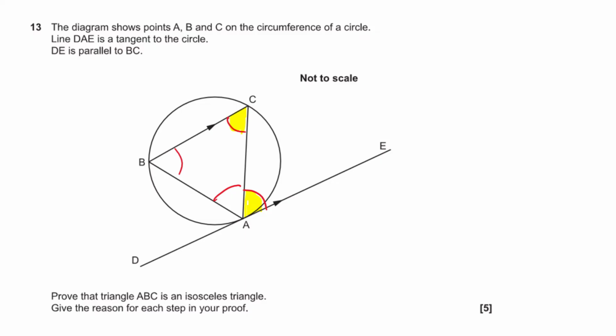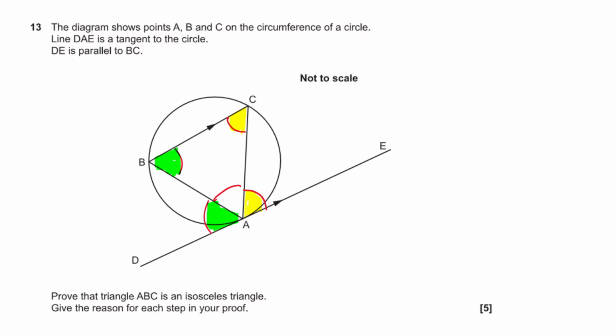We've got another angle over here. Using the same logic, that is going to be the same as this angle down here. However, we also know something called the alternate segment theorem, which says the angle between a tangent and a chord drawn at the point of contact is equal to the angle in the alternate segment.